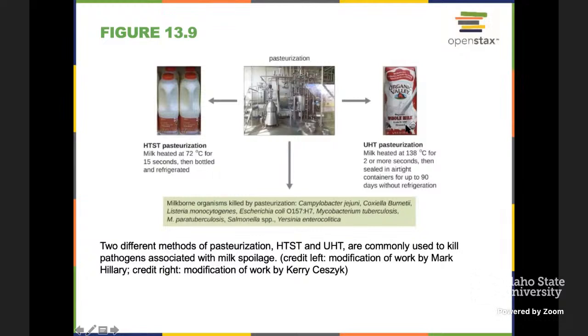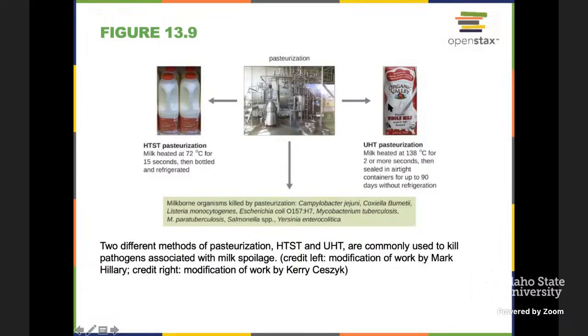The ultra pasteurization, this goes at a higher temperature, 138 degrees Celsius, but shorter time. Two or a few more seconds, it's held and then sealed and stored. And in this case, doesn't have to be refrigerated. All right.